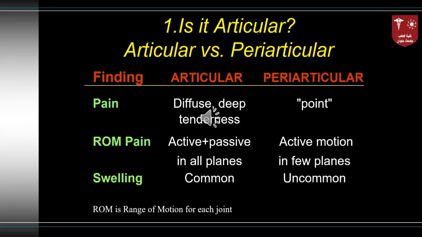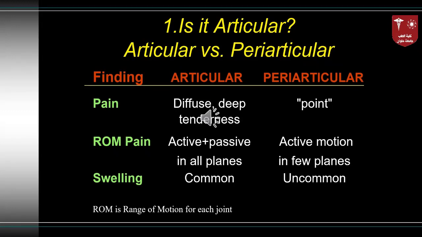By articular, I mean the affection is inside the joint, and by periarticular, I mean in the surrounding tissue of the joint, like bursa, tendon, and so on.